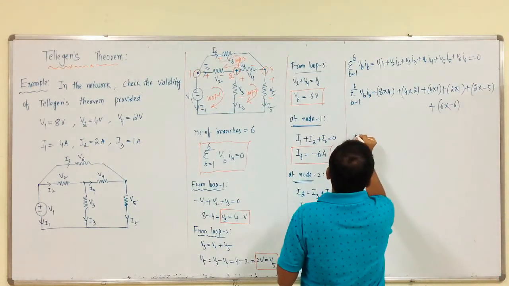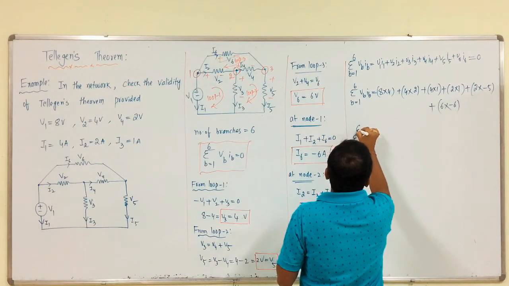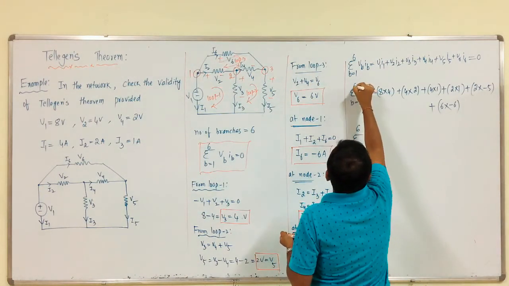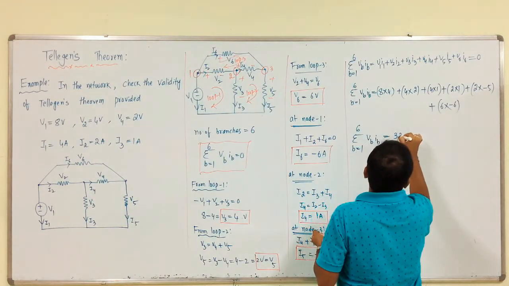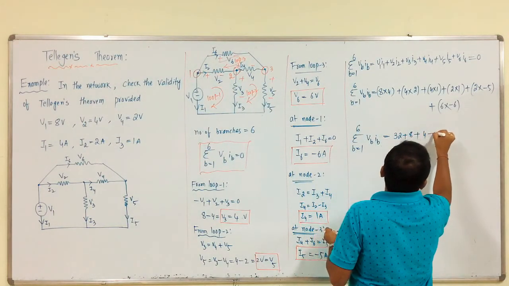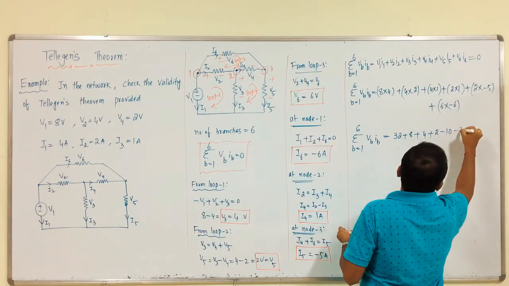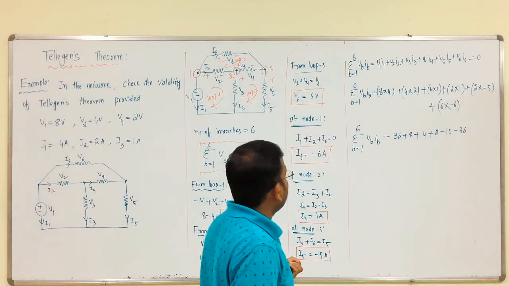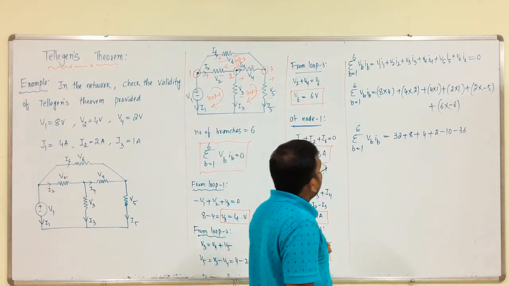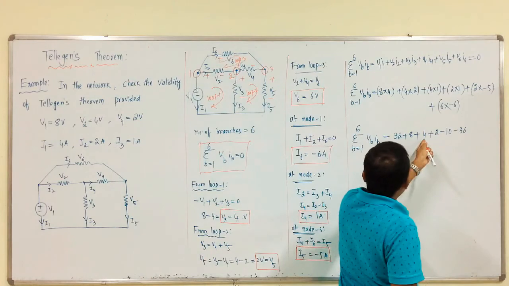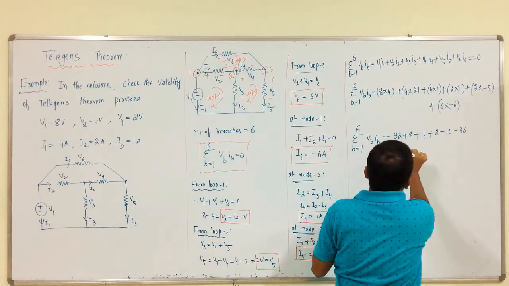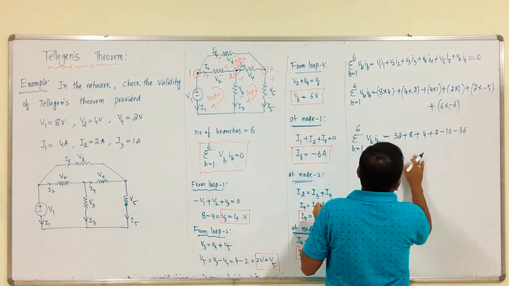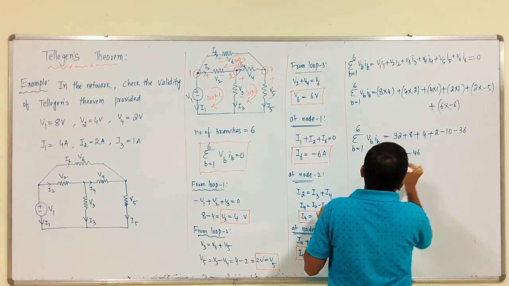So the sum of b equals 1 to 6 of V_b I_b is equal to 32 plus 8 plus 4 plus 2 minus 10 minus 36, which is 46 minus 46, which is equal to 0.